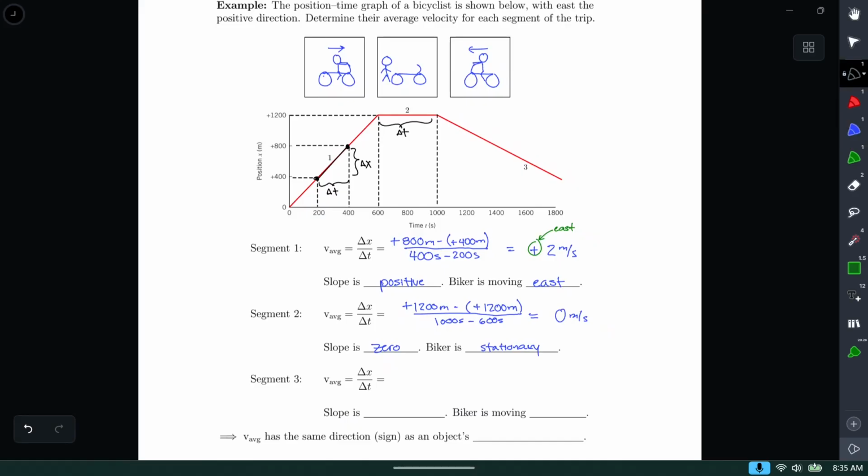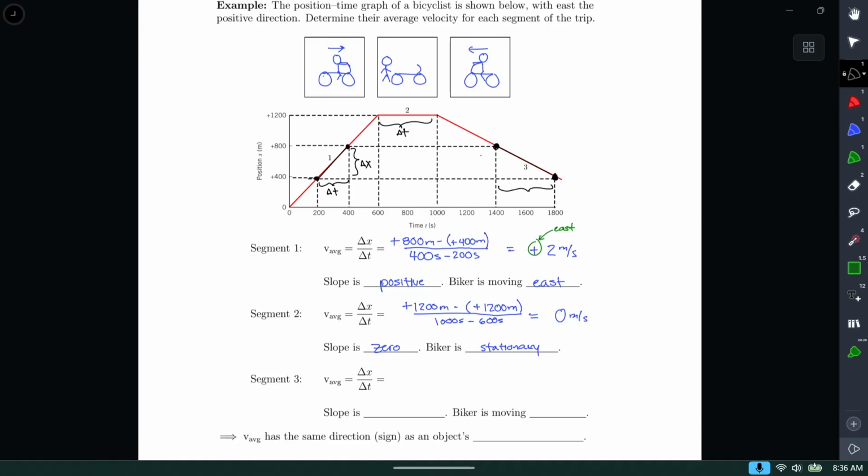But if we want to be specific, we just pick any two times and any two locations. So I'll say, all right, at 1,800 seconds, he's at about 400 meters again. So I'll compare this point to maybe where he is at 1,400 seconds. And it looks like he's at 800 meters again. So if I just find the slope between those two points, I will know his exact average velocity.